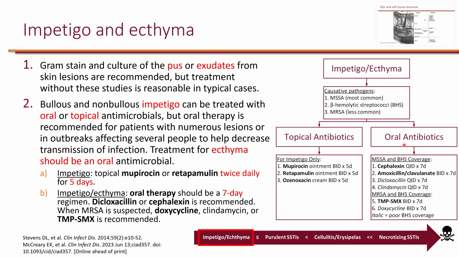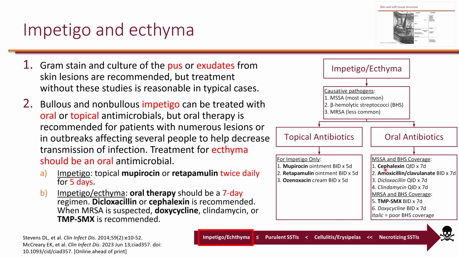The way you choose between topical and oral for impetigo is essentially the number of lesions affected, and also whether there are multiple people in the household who might be at risk of getting the infection, so for infection control or transmission control.